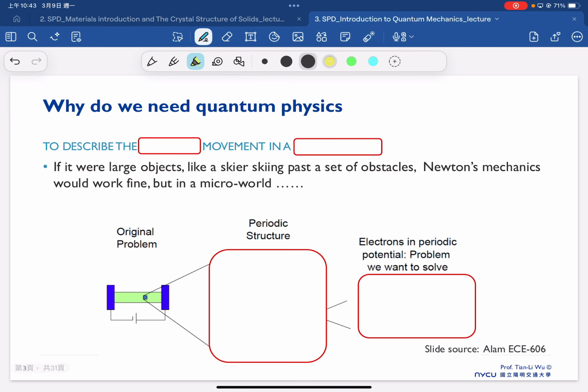So first, why do we need quantum physics? In general, we need quantum physics to describe the movement of electrons in the extremely small world, which is the micro world.